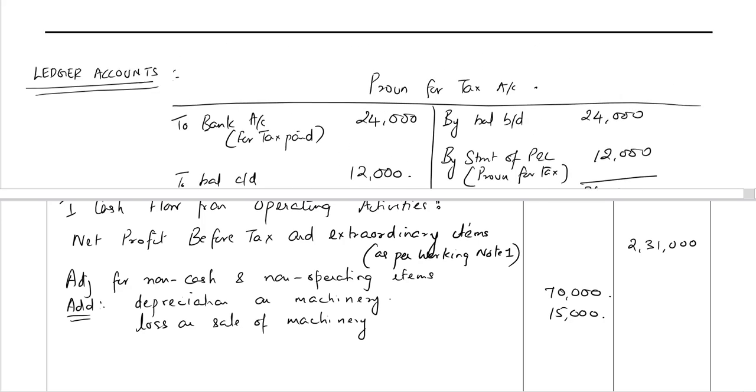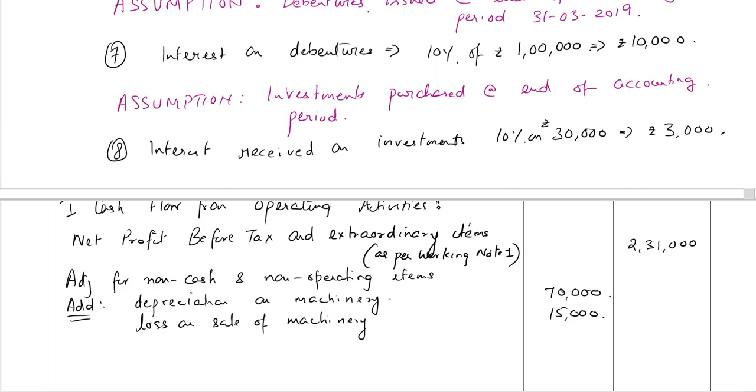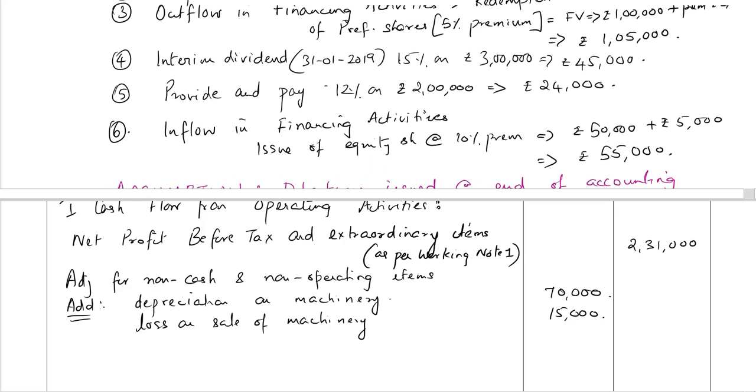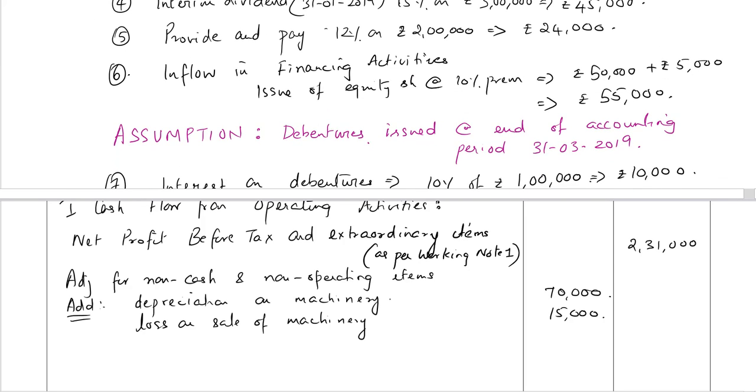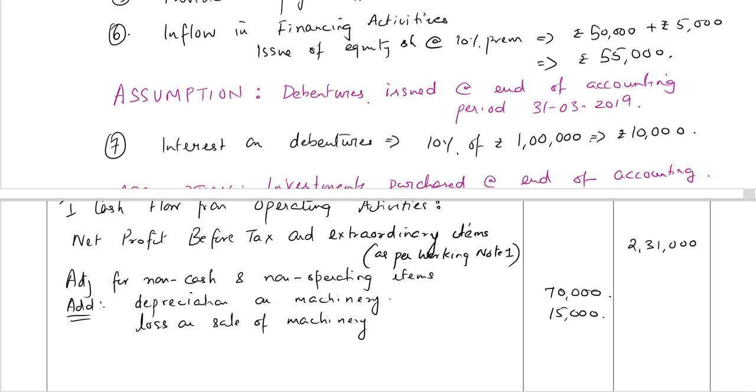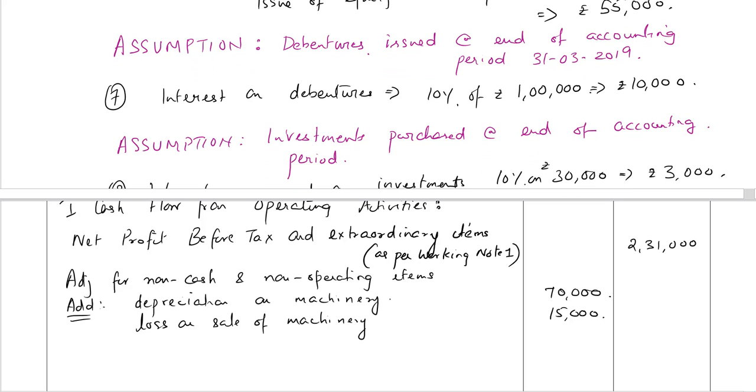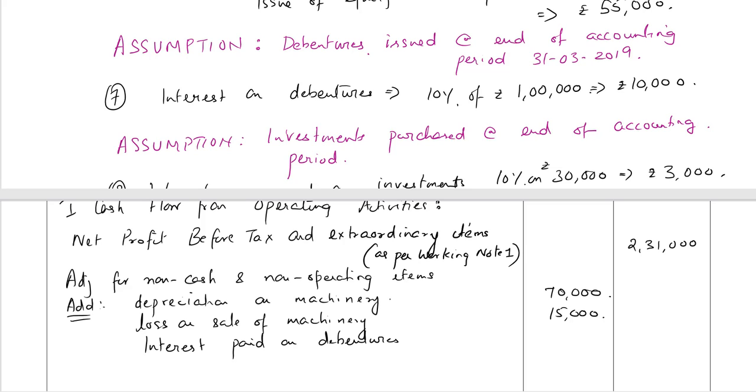We'll check the notes to see if we've left out any item. There's an interest on debentures in the 7th note. Interest paid on debentures, ₹10,000.